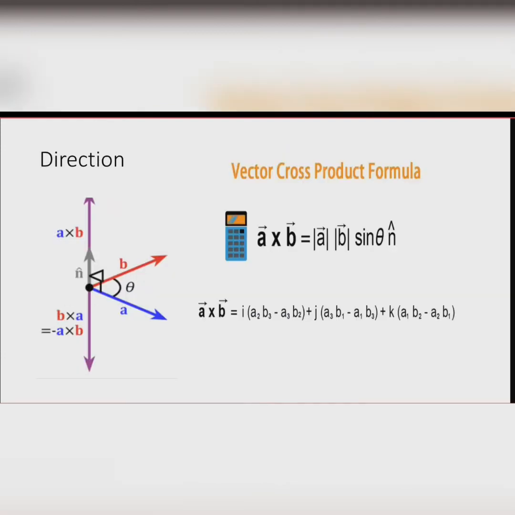So now let's come to the direction associated with the vector product. For this we use a very simple rule: you take your right hand in such a way that if you're taking A cross B, your fingers should curl in the direction from A to B. Sweep your fingers in the direction A to B, and note the direction in which your thumb points.